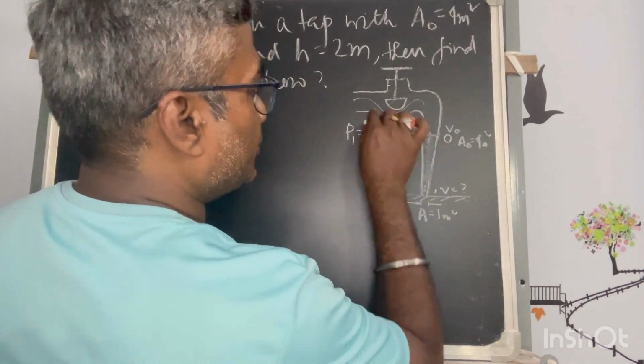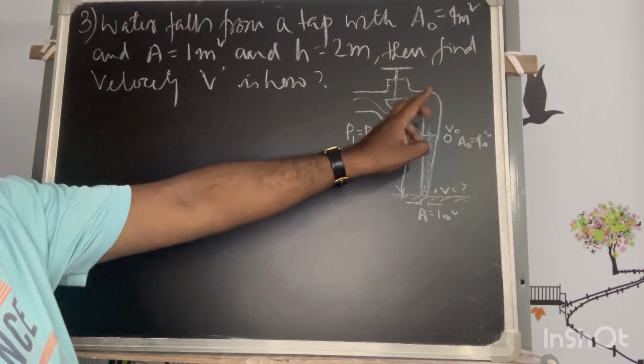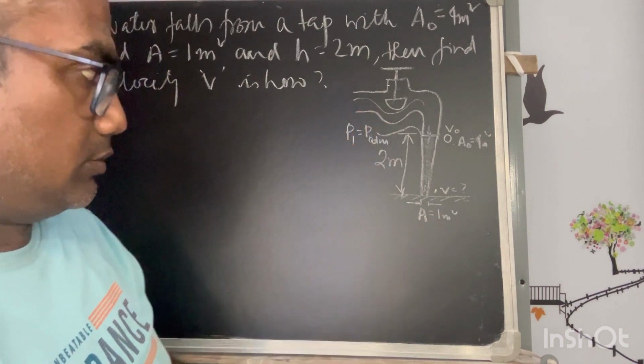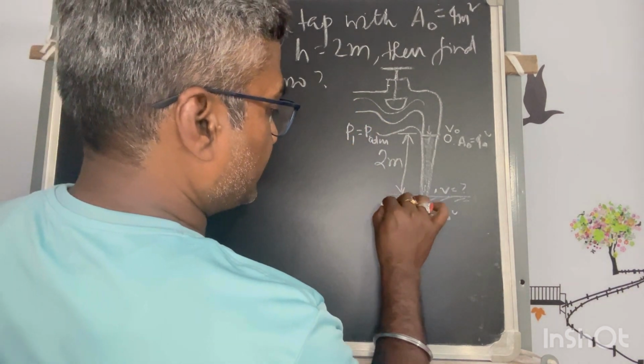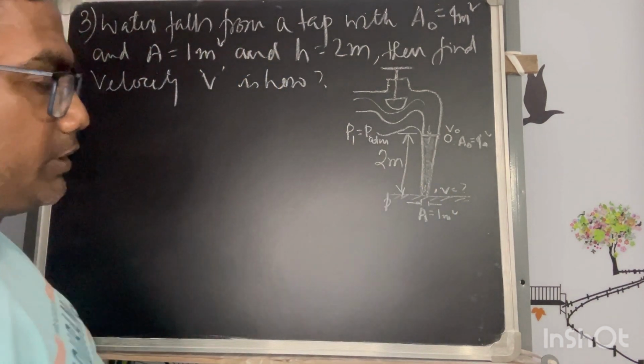Basically this is open to the atmosphere, so pressure at this mouth has to be equal to atmospheric. And pressure here we don't know, we can say P at this point.